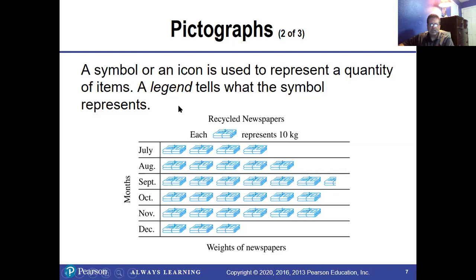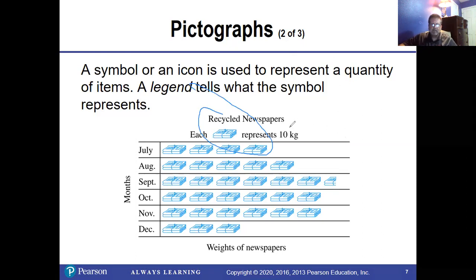So here's your legend right here. You have to have this legend, okay? That is important, otherwise you won't be able to tell what it's about. The legend gives how much each book is worth. So in July, you have 4 books. That would be 4 times 10, that's 40 kilograms.